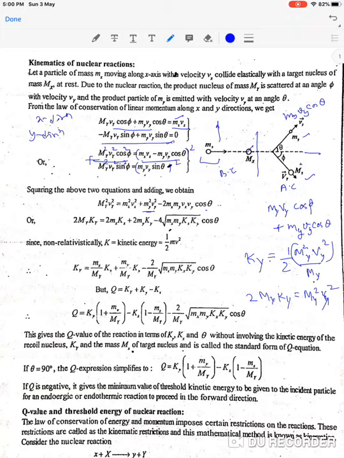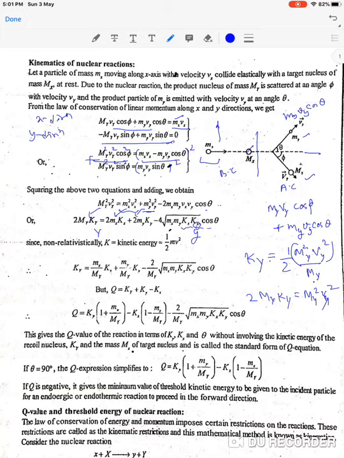Similarly I write the other terms in the same way, converting the kinetic energies K_X and K_y, where this is small y. Don't be confused between this small y and this capital Y.